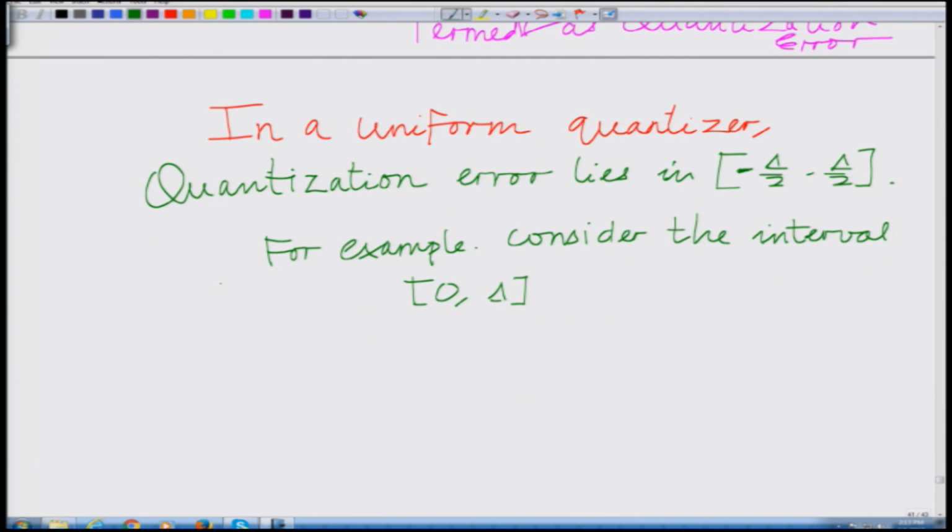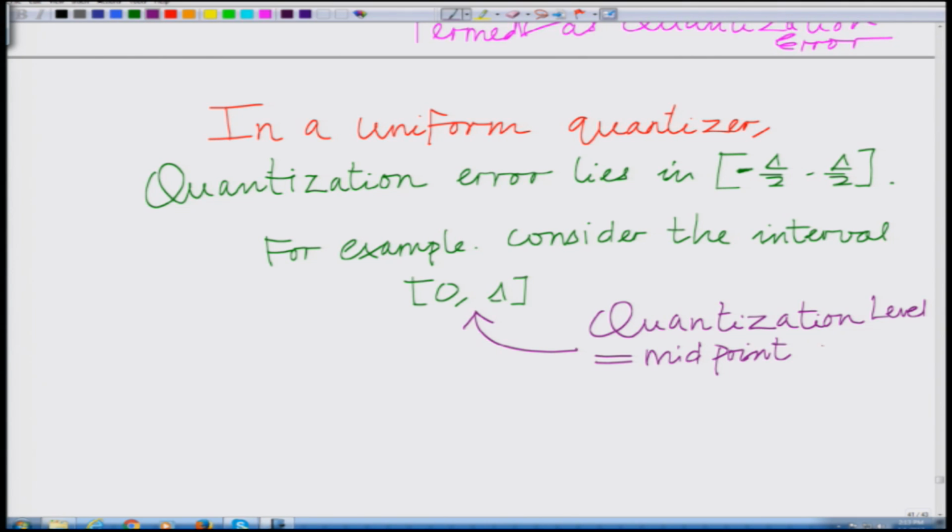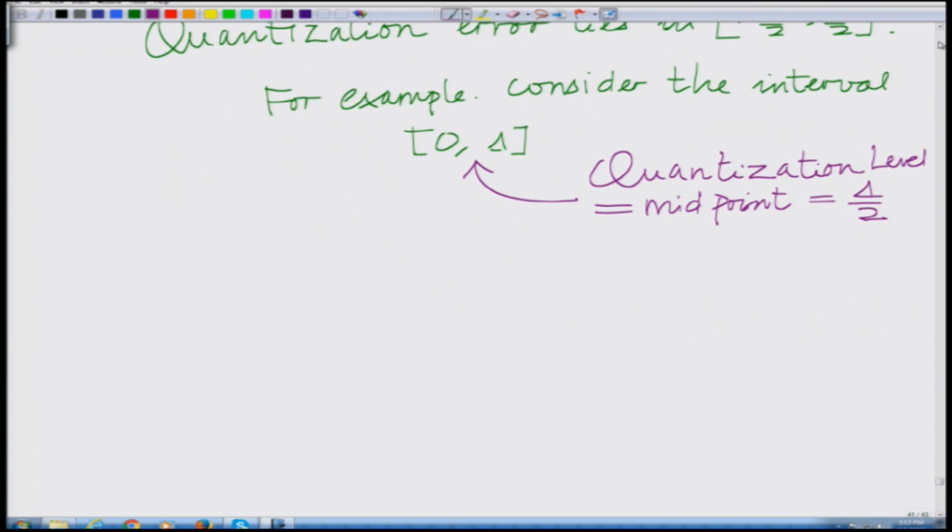The corresponding quantization level equals the midpoint, that is equal to delta by 2.